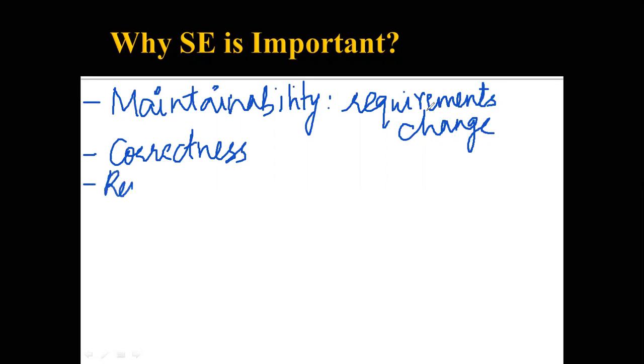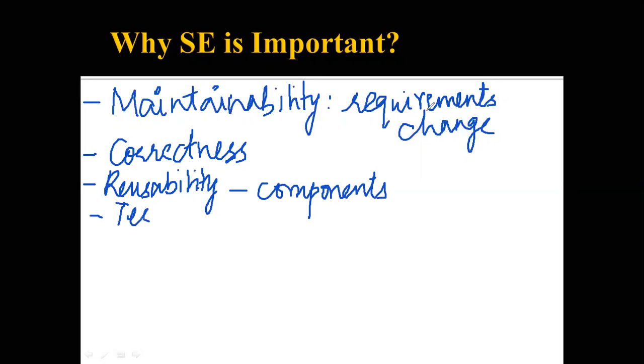The next one is reusability. Within reusability, a particular software is made up of different modules, or different components. If you're making a similar type of software, you can reuse those components in another software by making small changes.